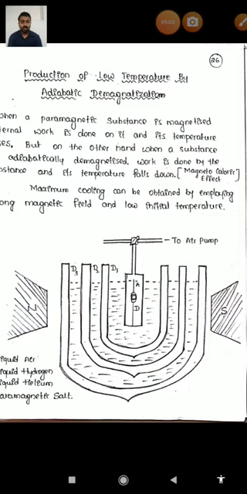Along with that, by adiabatic demagnetization, the strong magnetic field is removed from the paramagnetic substance, and hence the substance present inside tube A attains a very low temperature.